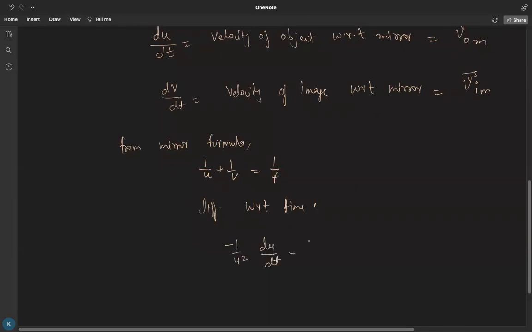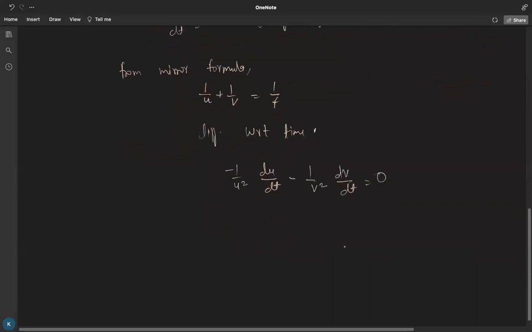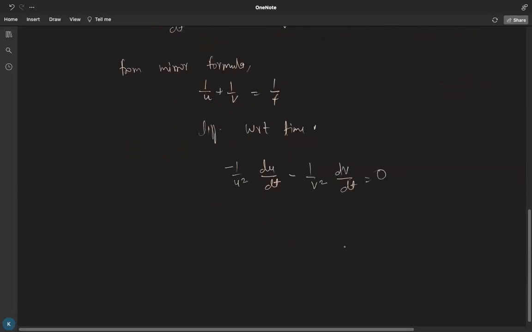Similarly here, minus 1 by v square dv by dt. And there will be 0 on the right side, because the focal length is constant for each mirror.